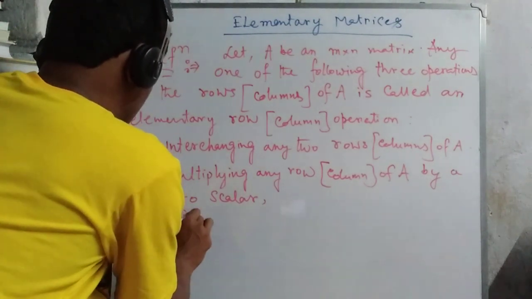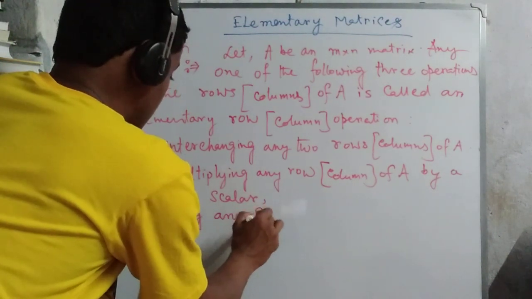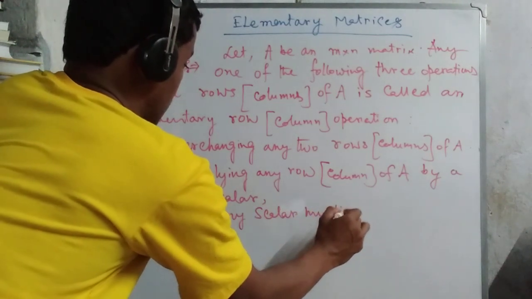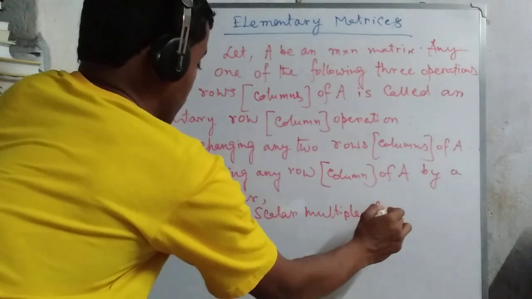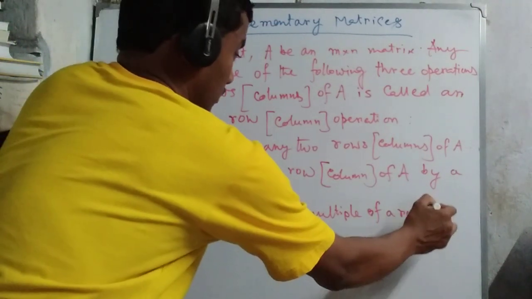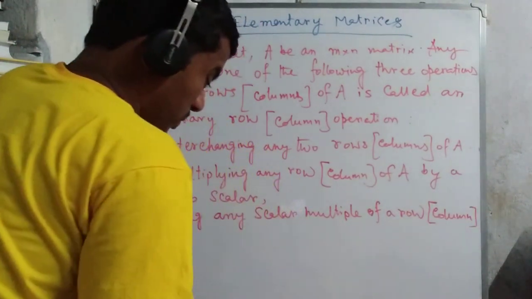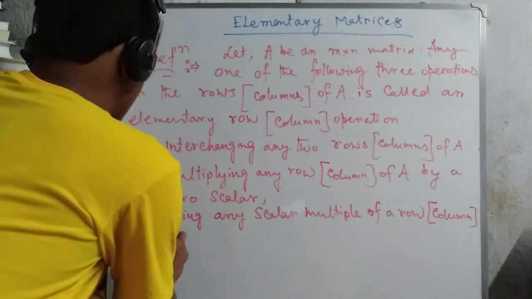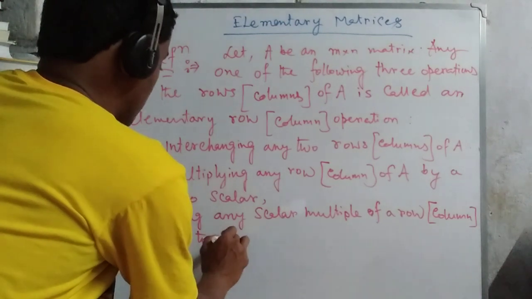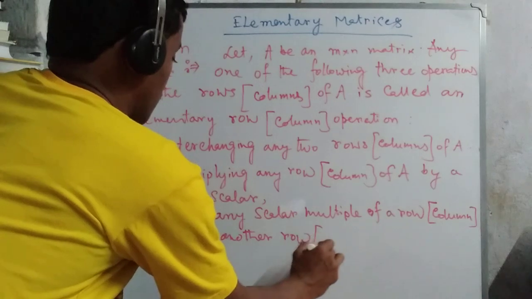Number 3: adding any scalar multiple of a row, in brackets column, of A to another row or column.